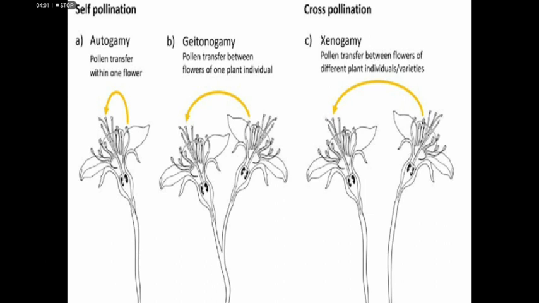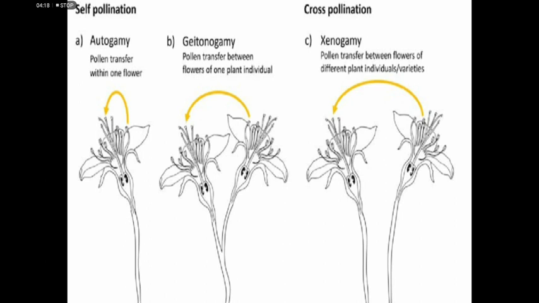Here we can easily understand the topics. The first one is autogamy. Here pollen transfers within one flower in one plant, so it is self-pollination.